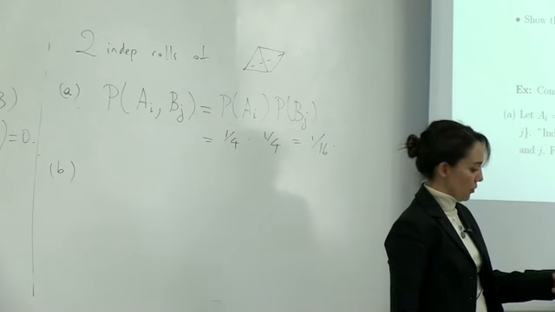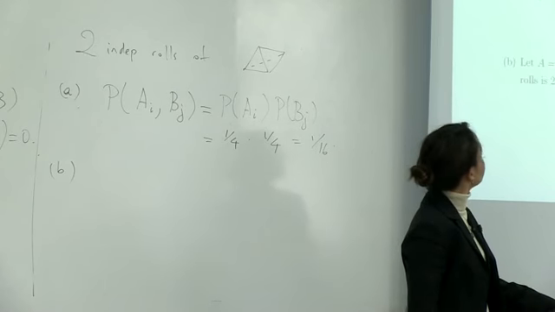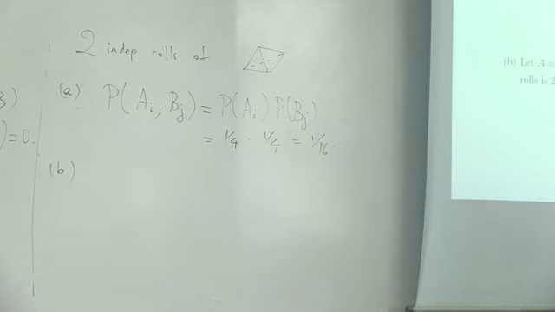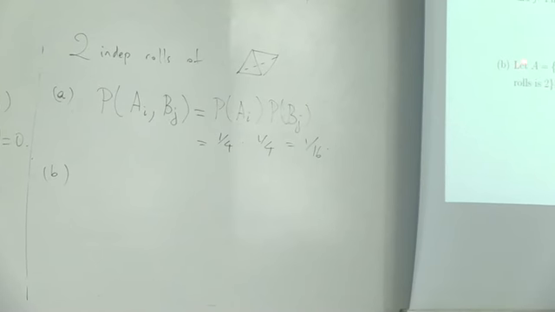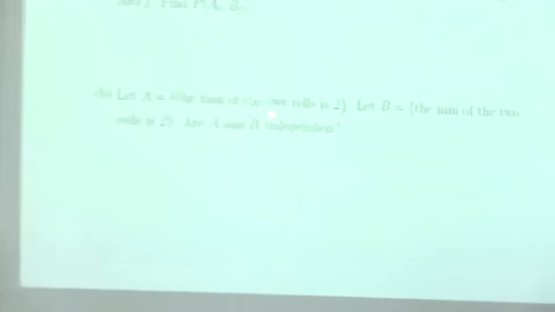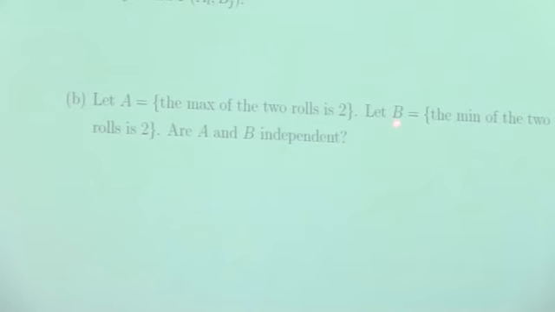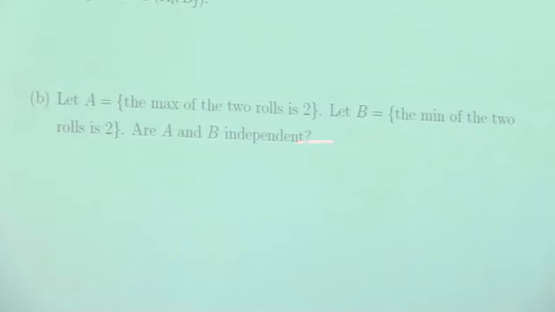Okay, let's do part B. Now let the event A be that the maximum of the two rolls is 2, and event B be that the minimum of the two rolls is 2. Are A and B independent?